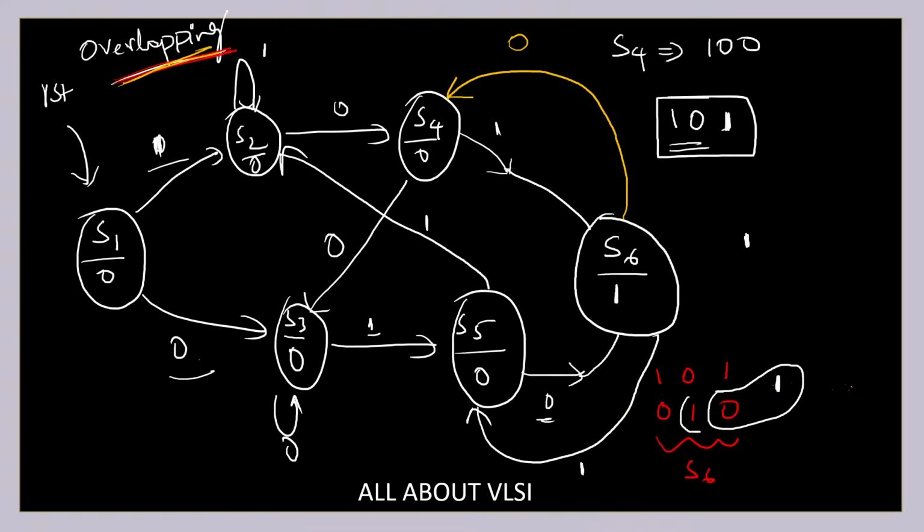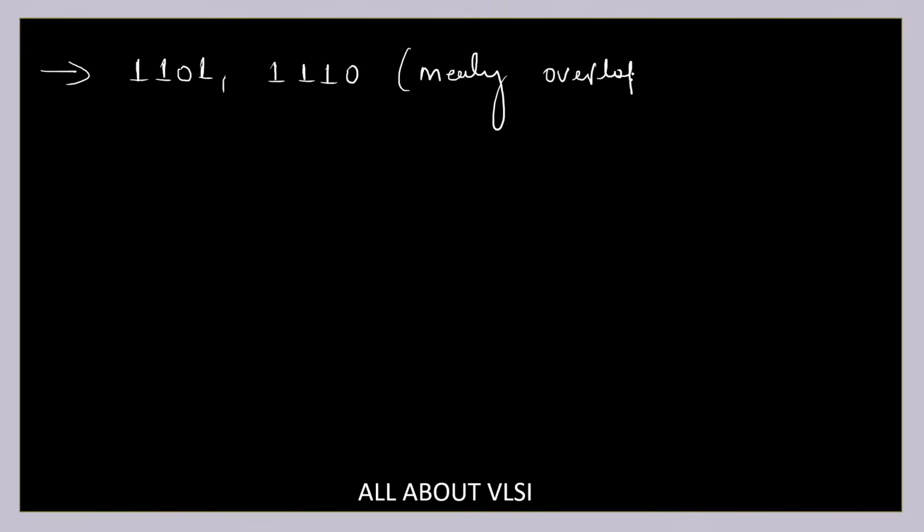Let's see one more last sequence. Let's say if I want to have 1101 and 1110. Let's take Mealy overlapping only. Now let's see what to do.